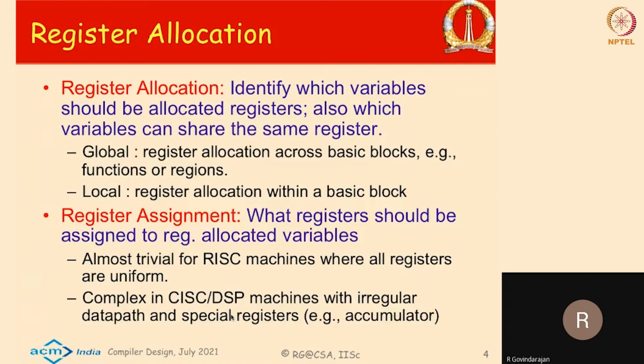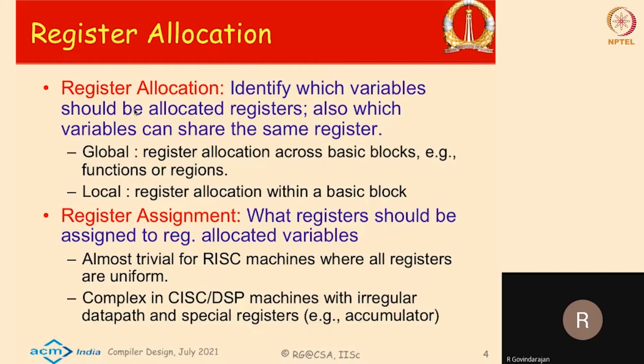So we are essentially going to focus only on the register allocation problem, finding out which variables should reside in registers and which variables should reside in memory. Of course, when you are talking about RISC architectures, arithmetic instructions can only have register operands.